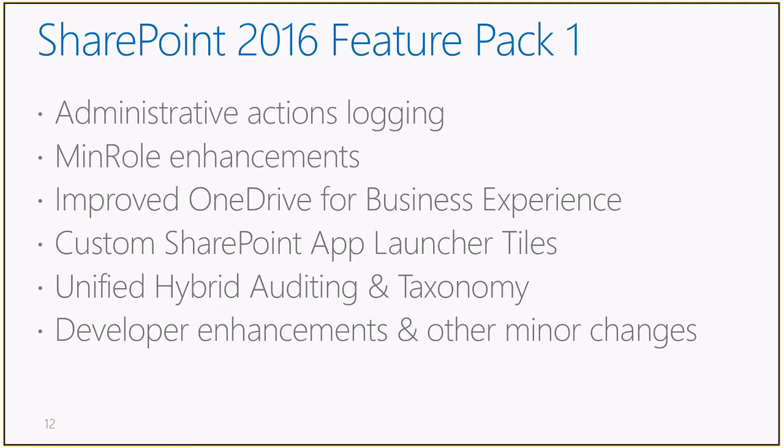This is huge for customers who rely on term stores and managed metadata. Previously, you needed to come up with your own mechanism to make sure that your taxonomy, your term stores and your navigation stayed in sync in a hybrid configuration between SharePoint Online and SharePoint on-prem. But with the feature pack release, you can now have a single farm-level term store set that can be synced between both instances.